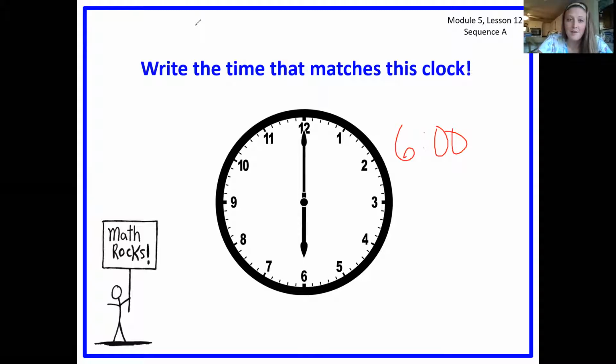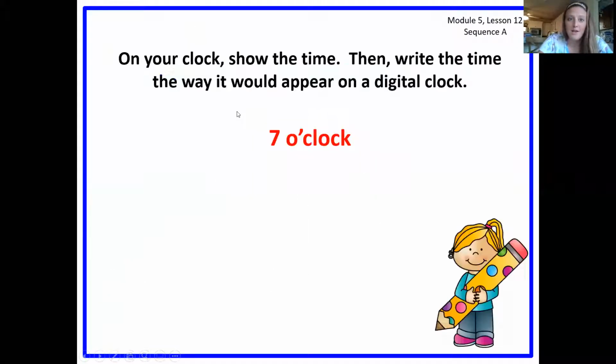Awesome. So what we're going to do now is on your clocks, I want you to show the time. Then write the time the way it would appear on a digital clock. So 7 o'clock. I want you to draw it real quick if you can, and then I'm going to show you what it would look like on my clock.